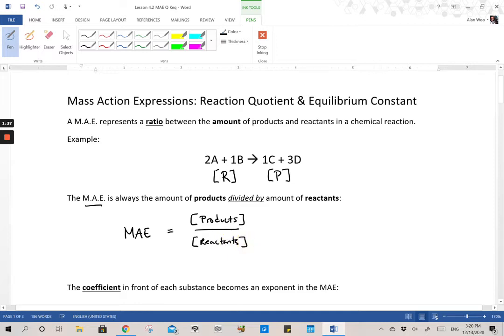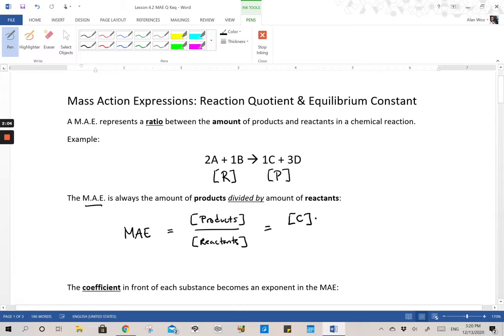Now, I realize that we have more than one reactant on the reactant side, and we have more than one product on the product side. So, truthfully, we'd have to show them individually. So, when I look at my products, I have a C, substance C, and that's going to be multiplied.